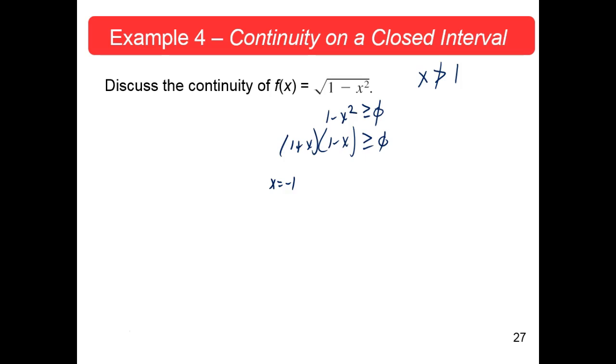Zero. Okay, so the square root of 0 is 0. So f of -1 is equal to 0. Okay. What else can you tell me? f of +1 is 0.